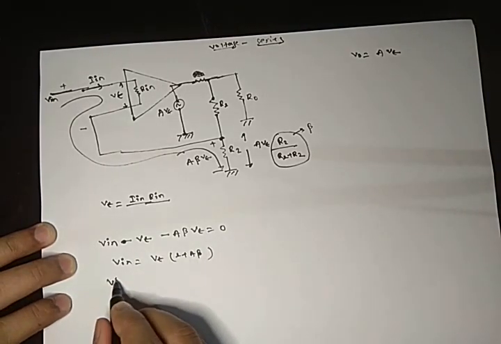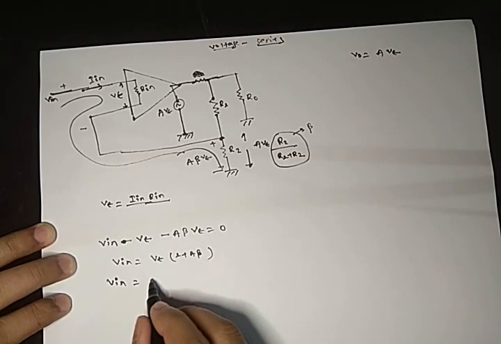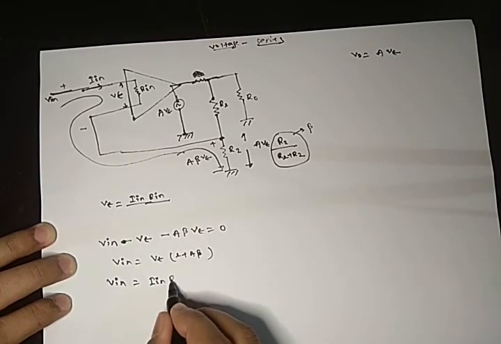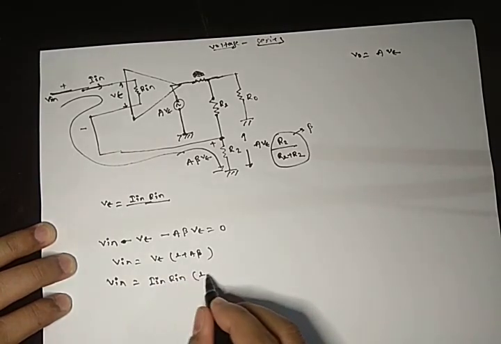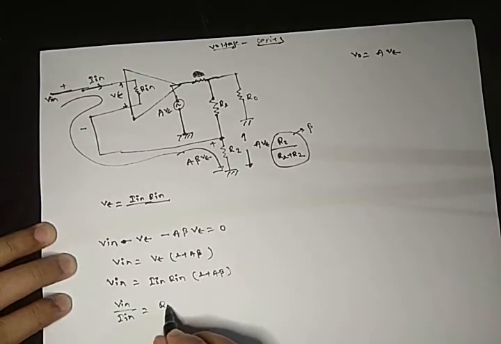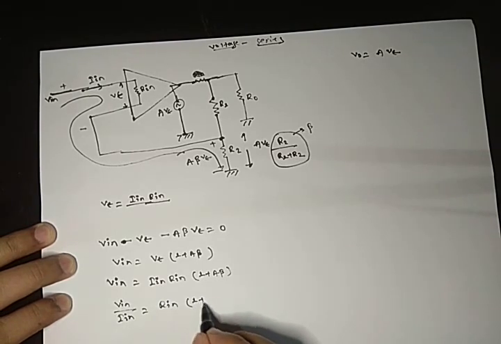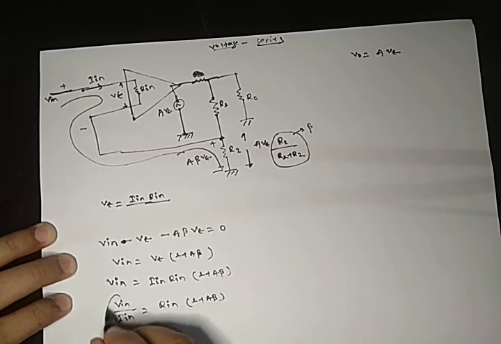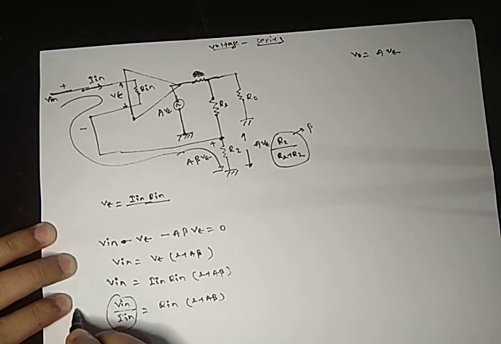Now V epsilon is nothing but I in R in, so V in is I in R in into 1 plus A beta. Now V in by I in is R in into 1 plus A beta. V in by I in is nothing but closed loop input impedance.